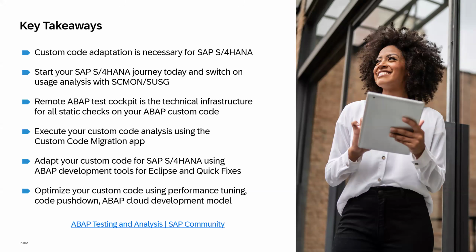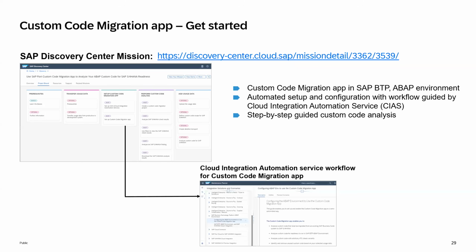And further on, after adaptation, you can optimize your custom code using performance tuning, code push-down techniques, and the ABAP Cloud development model. More information is provided in the ABAP testing and analysis community, so you will get all the information there. How to get started with the custom code migration app?